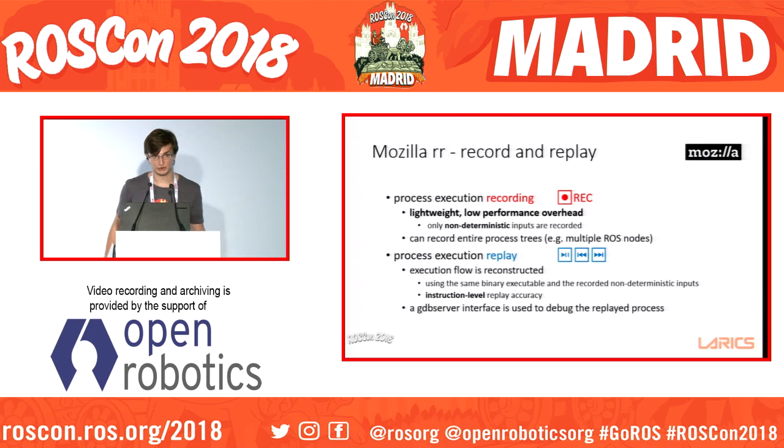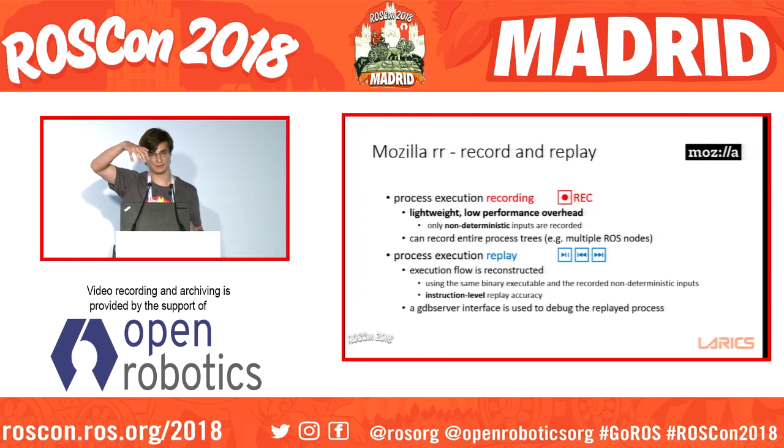So Mozilla RR is a tool which performs a lightweight process execution recording. Only the non-deterministic inputs into the process are recorded, and afterwards you perform debugging by replaying the process with the same executable.